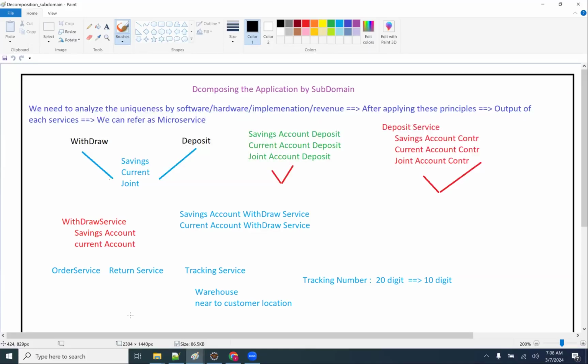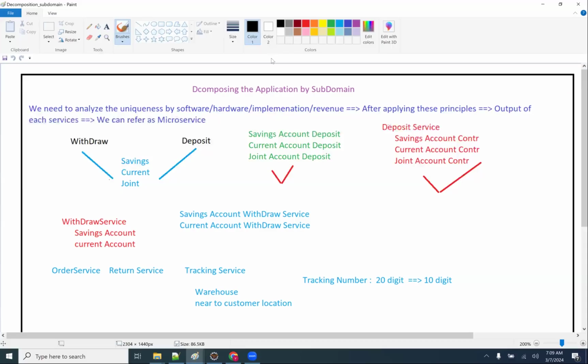That's the point here, right? What is the reason here? I don't want a single point of failure. Yes or no, sir? We don't want a single point of failure. If we have a problem in savings account withdraw service, it should not impact current account withdraw service. That's the intention. Understand, right, guys?